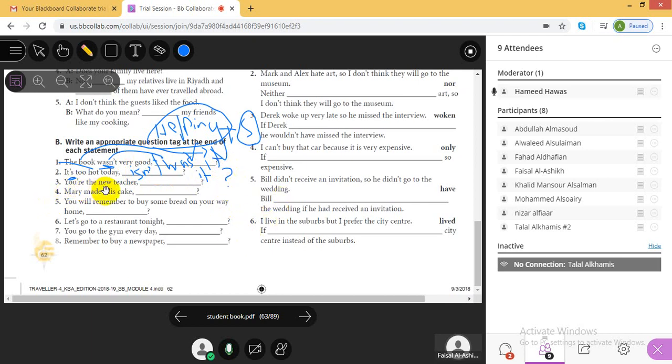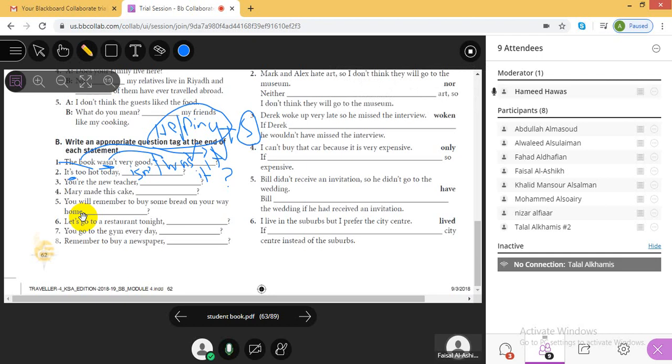You are the new teacher. If a new teacher comes to your class, you say to the teacher, you are the new teacher, aren't you?